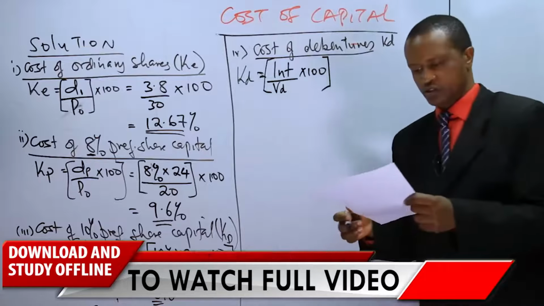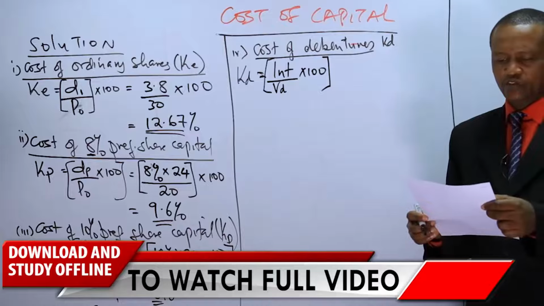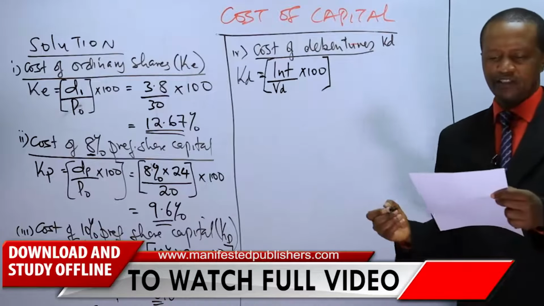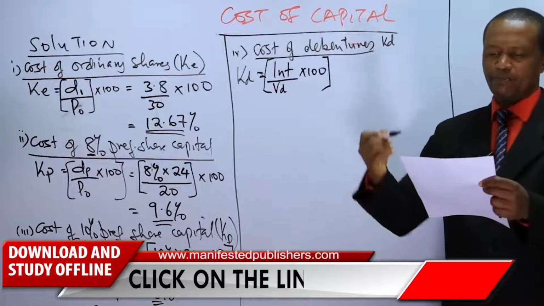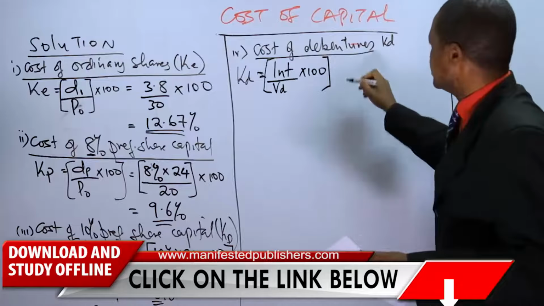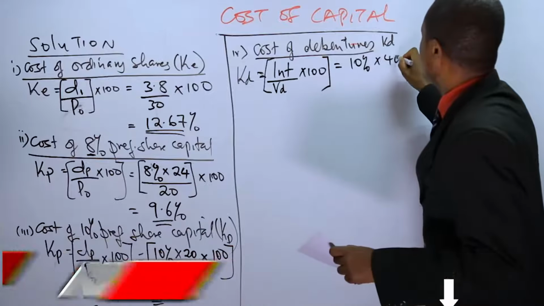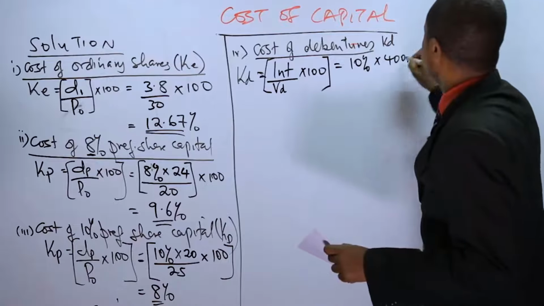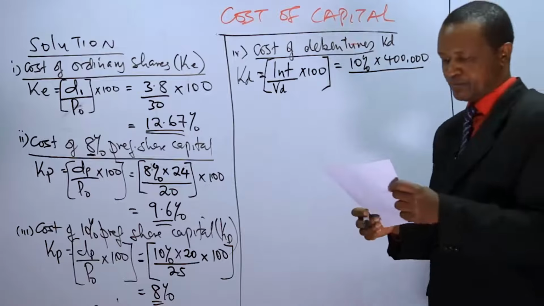So what is the interest? The interest is 10%. So 10% of the par value, that will be the interest. So 10% of par value of 400,000, that will give us the interest. Then divide by the market value.